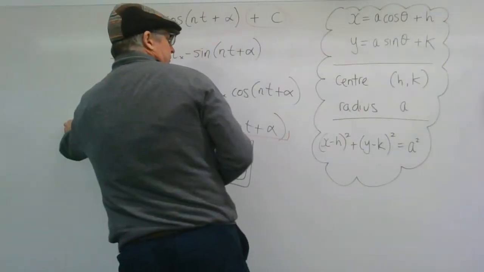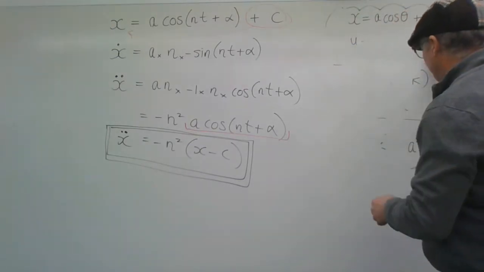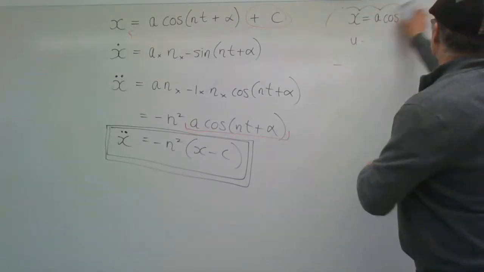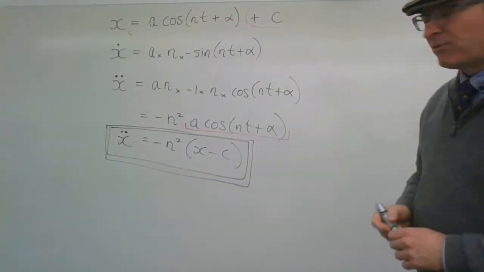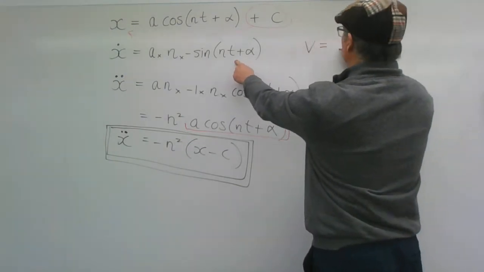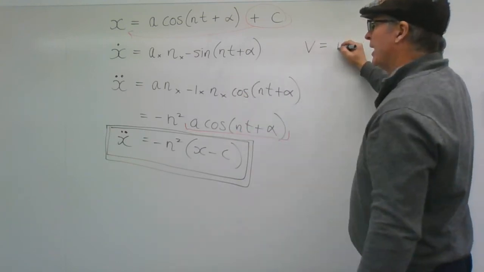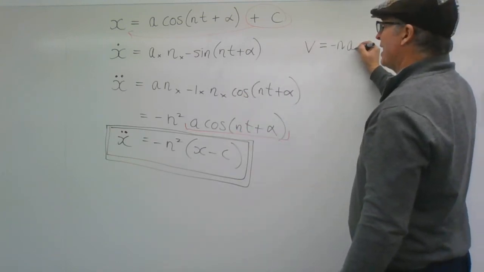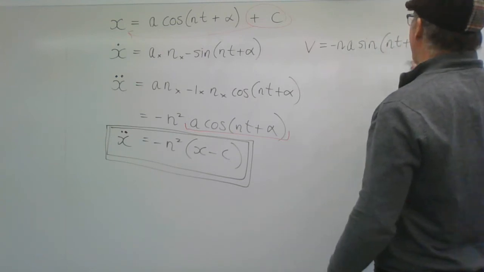Now, there's something else interesting you can do that's to do with velocity. And we've worked out here that the velocity, v, is equal to minus na sine of nt plus alpha.